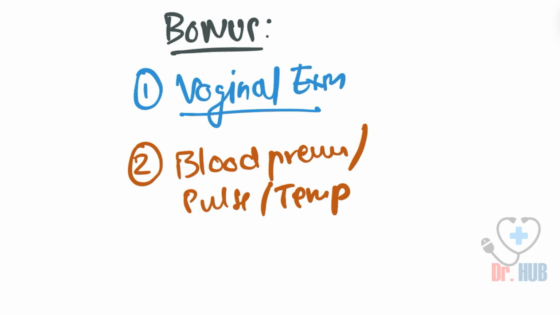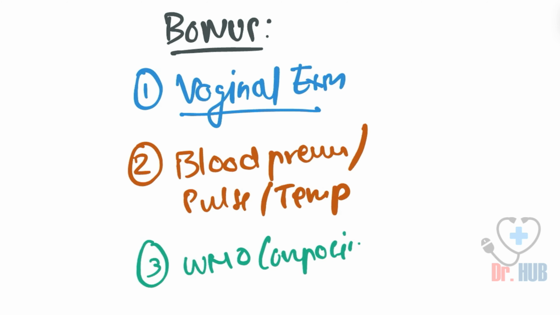How are they measured, what is the frequency of measurement, what is the significance, and what is the treatment in case of alteration of the same? The next question: what is the WHO composite partograph and how different is it from the simplified partograph? These answers can be given in the comment section.